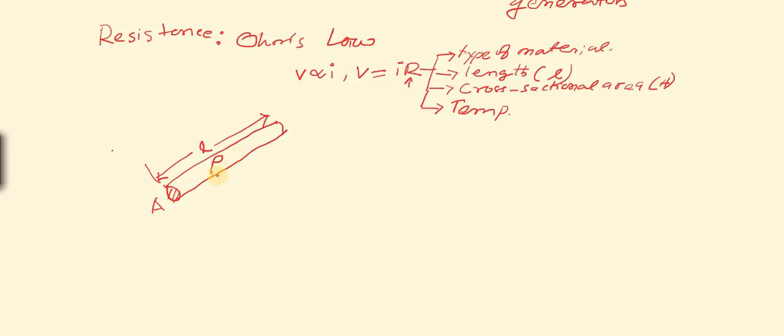The material of the conductor has resistivity rho. Then for this conductor, resistance is defined as R is equal to rho L by A.